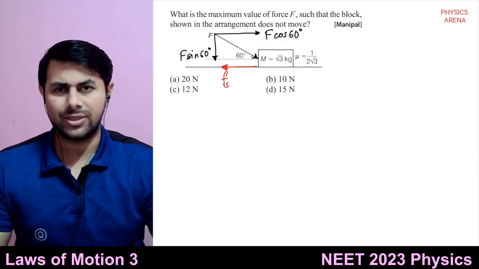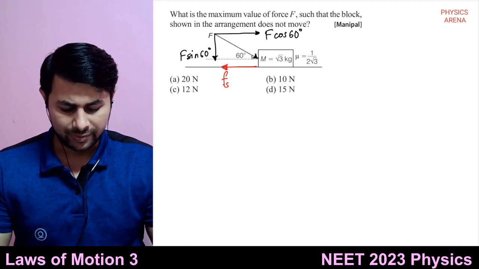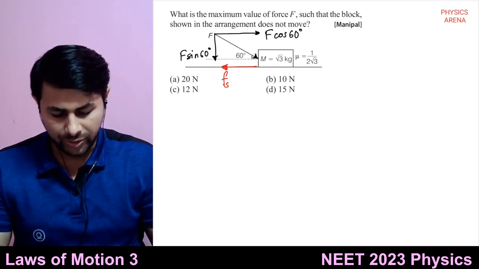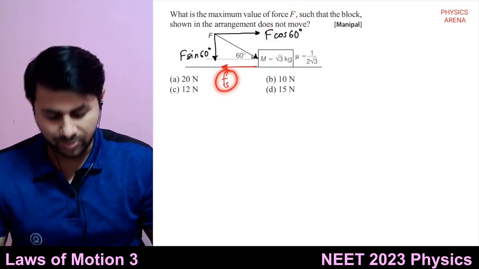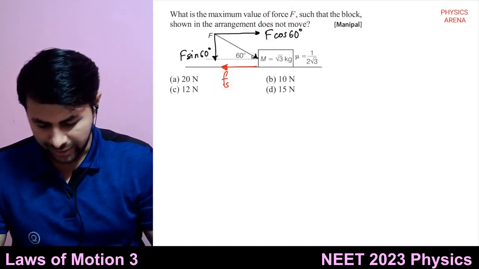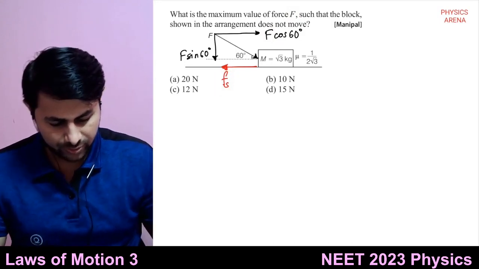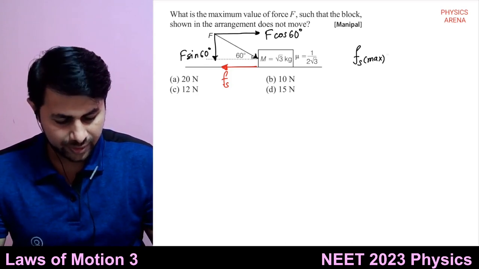The two forces are balanced, so the block doesn't move. Okay, and we want to find out the maximum value of this F. So that means this frictional force will be maximum, it is Fs max.